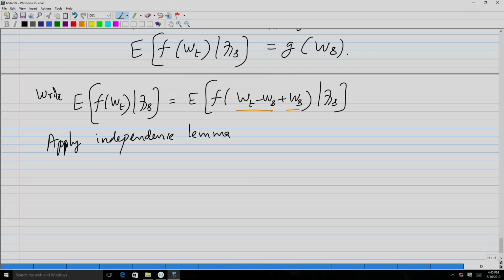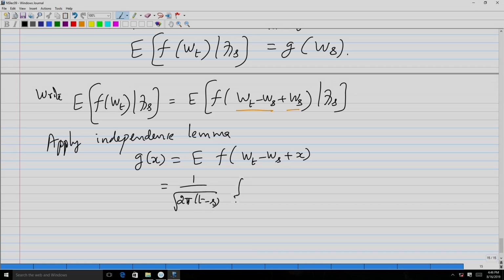So, in this case, what is the relevant g of x function? The g of x function is the expectation of f of (W t minus W s plus some dummy x), which you can see is 1 over the square root of 2 pi (t minus s) times the integral from minus infinity to infinity of f of (w plus x) times e to the power minus w squared over 2 times (t minus s), dw.